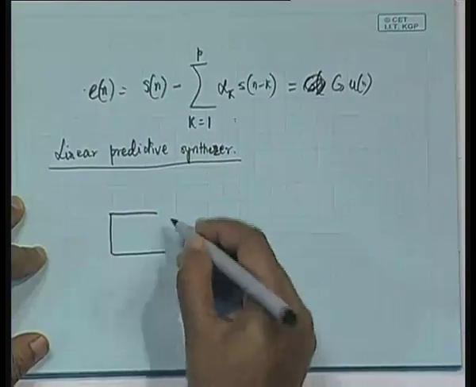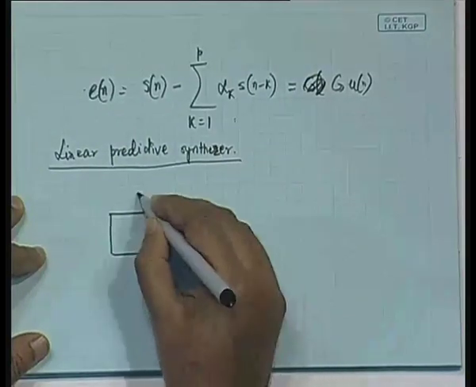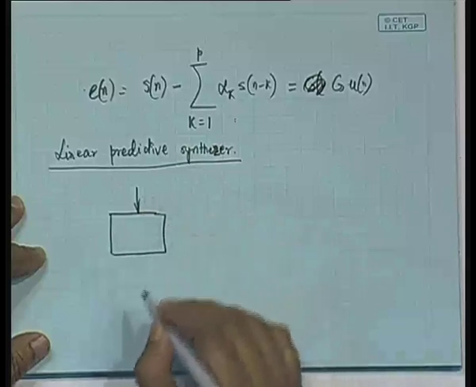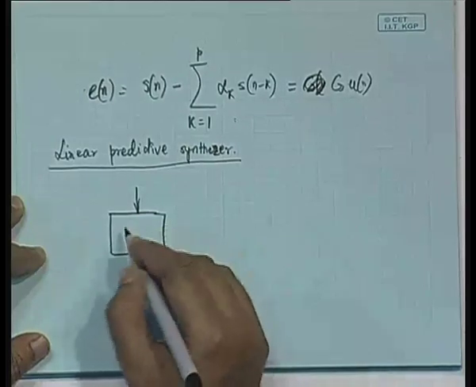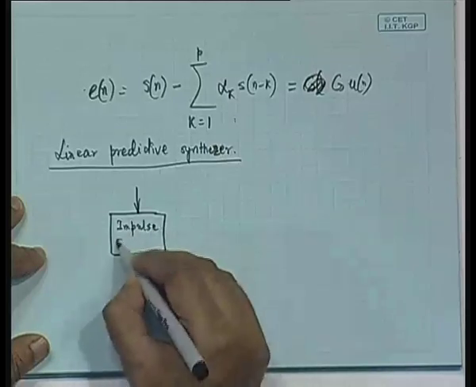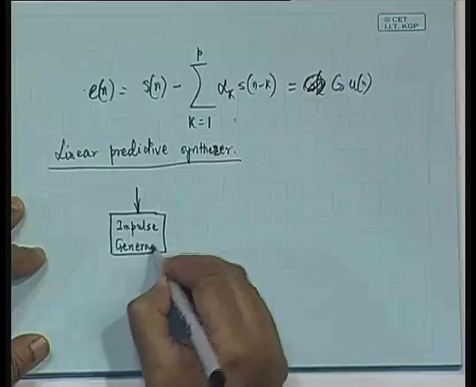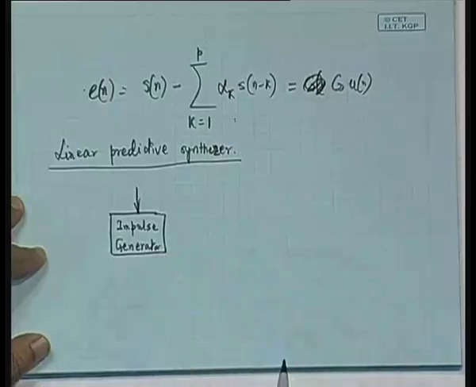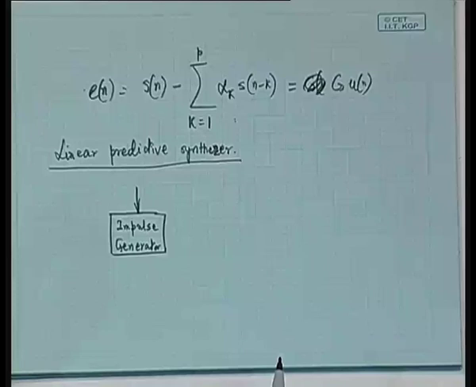Now, in the linear predictive synthesizer, it would be like this. In the form of a block diagram, we will be having a train of pulses. So there will be an impulse generator, just a train of impulses. What will be the parameter of that impulse train?